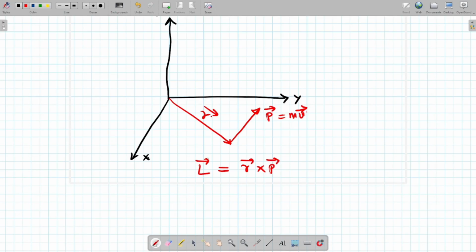The angular momentum L is actually a vector quantity. Okay, it has a direction, and what would be the direction? The direction will be along the z axis. You can easily see how the two vectors are rotating.